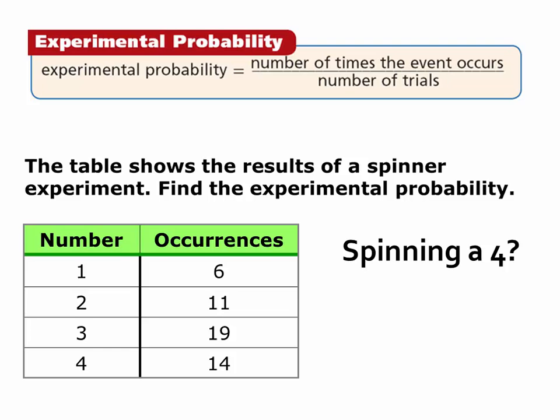So there were 4 numbers on the spinner, 1, 2, 3, and 4. They landed on 1 6 times, landed on 2 11 times, landed on 3 19 times, landed on 4 14 times. So find the probability that we land on red from that given information? I'm sorry, on 4.